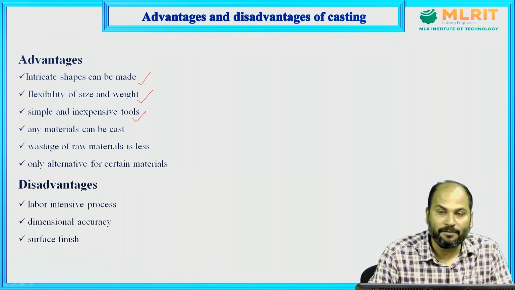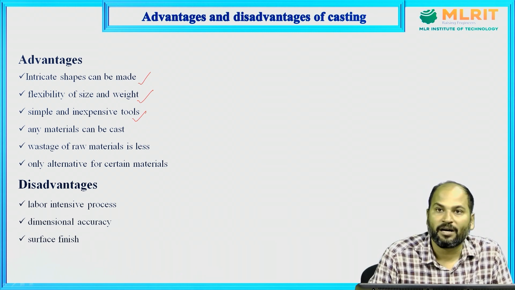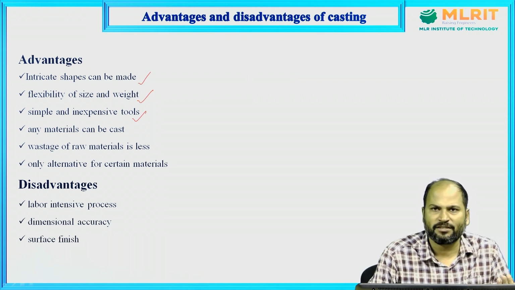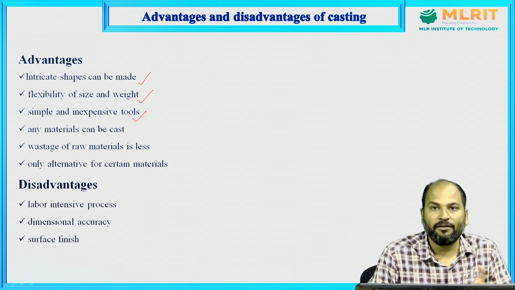The fourth one is that any material can be cast. What is the meaning of any material? We can cast ferrous material as well as non-ferrous material. Almost all the engineering materials can be cast by this process, which is not possible with all processes. For example, if we take welding or other manufacturing processes, or even metal forming processes, there will always be different kinds of problems.